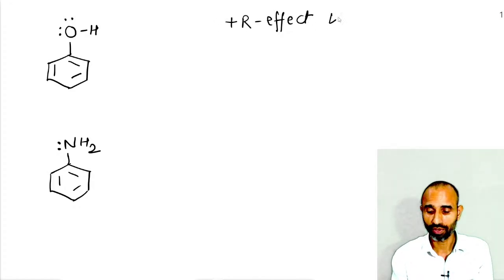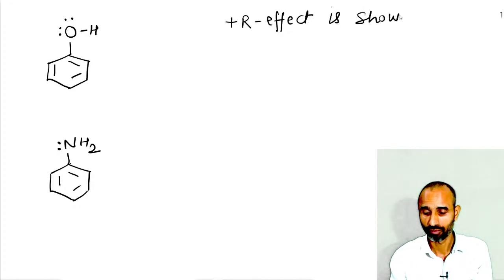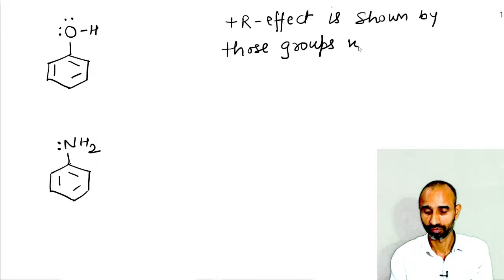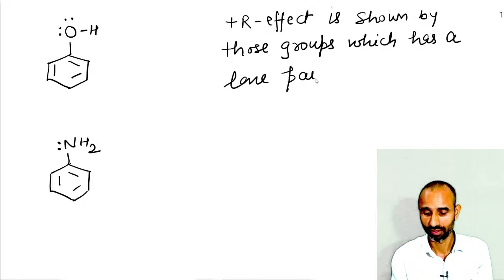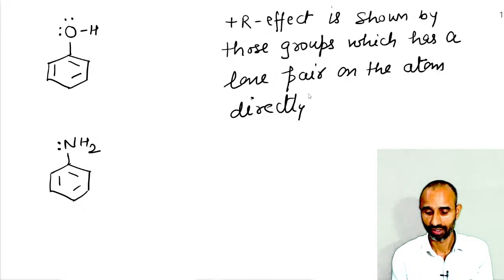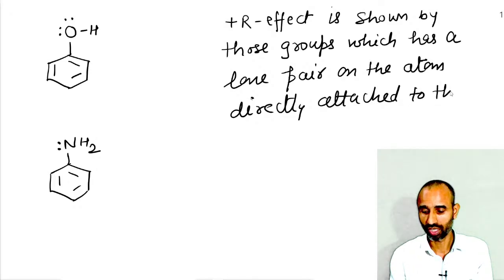Plus R effect is shown by those groups which have a lone pair on the atom directly attached to the unsaturated system.